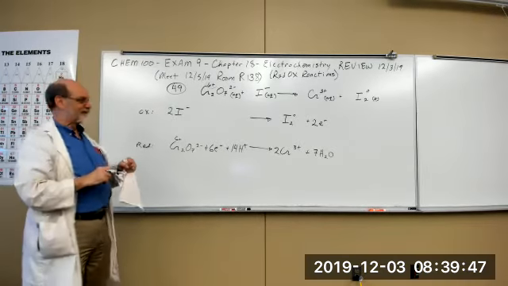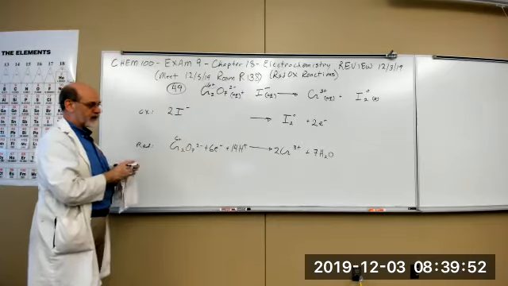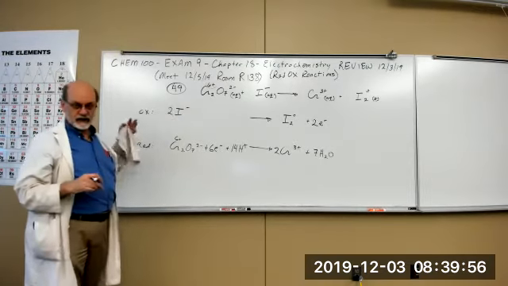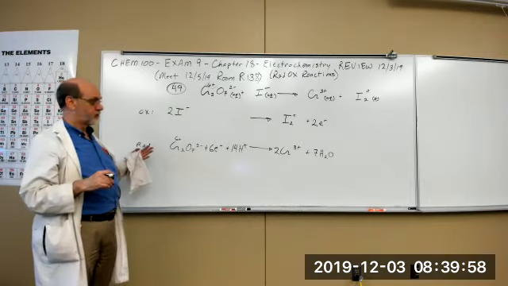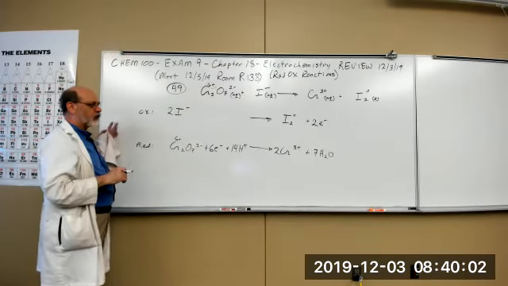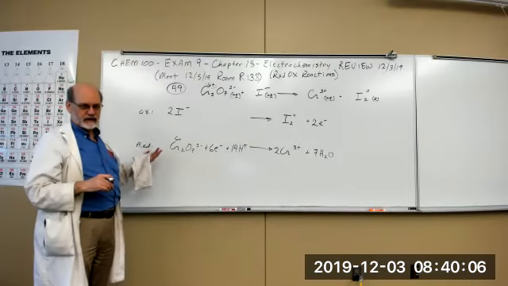Now, next thing you want to do is balance the electrons between the 2 equations so that you can add them together. Because you can't transfer 2 electrons for one and 6 electrons for the other. They have to balance.